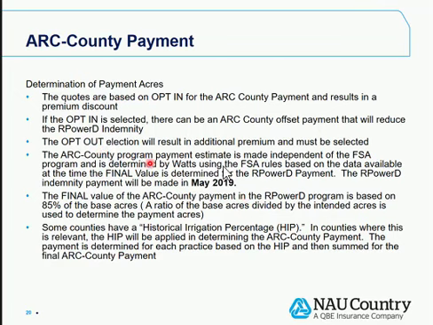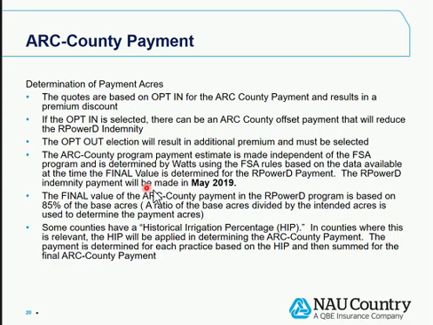Now, the program payment estimate is made independent of the FSA. It's made by Watson Associates, who developed the RPowerD program. It's based on the FSA rules. The other thing opting in does is reduce your premium, but it reduces your RPowerD payment, and it also extends your payment out till May of 2019.